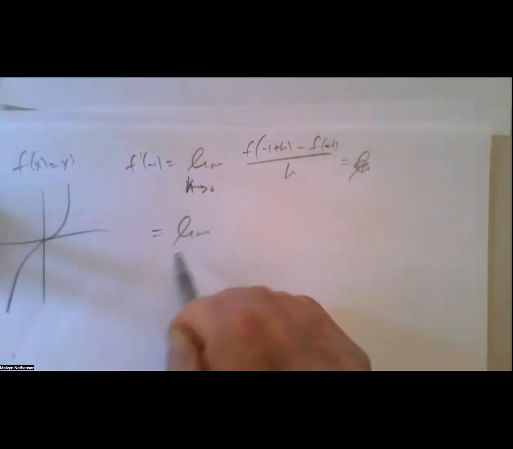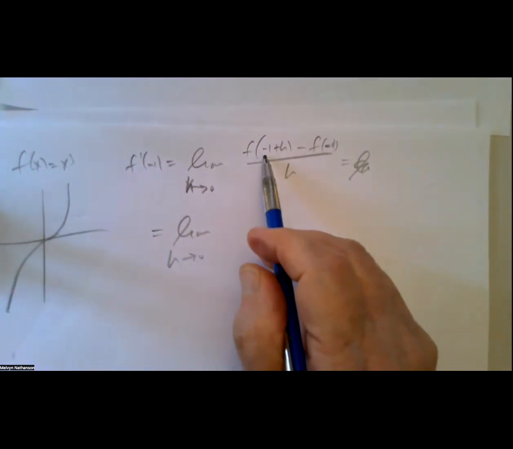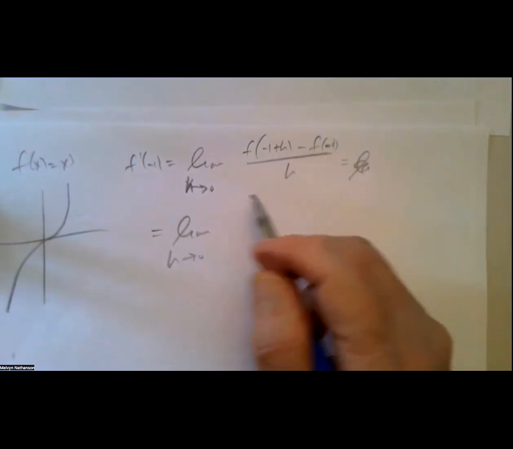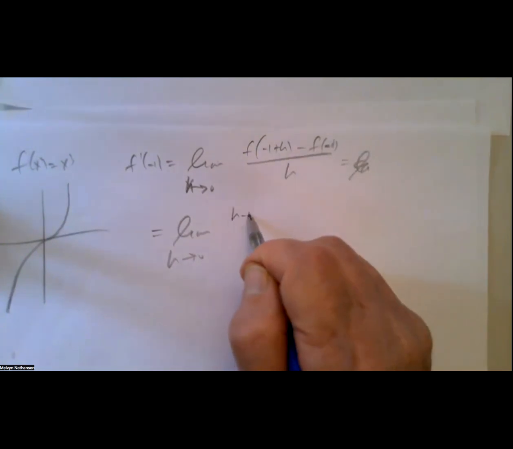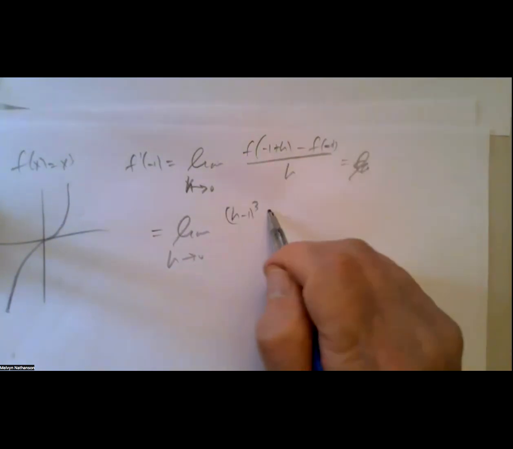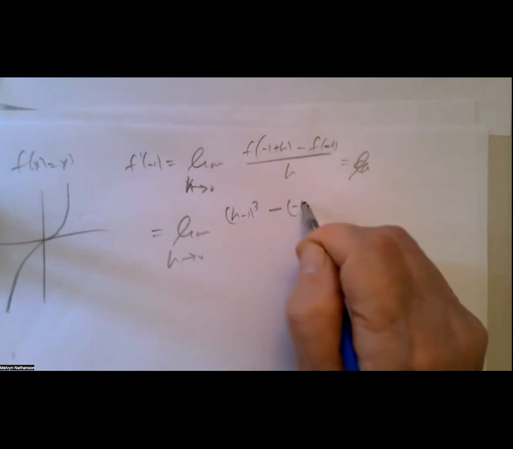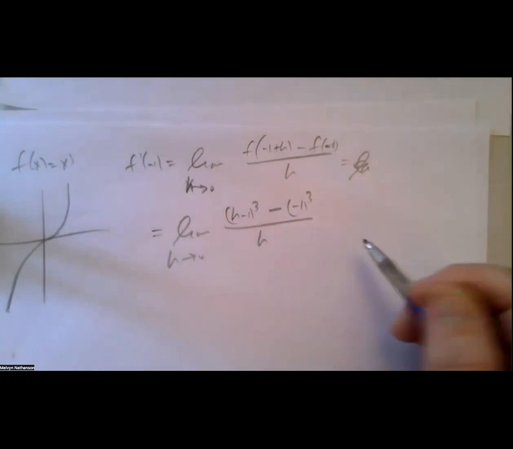which is the limit as h goes to 0, f of minus 1 plus h, or h minus 1, is h minus 1 cubed minus f of minus 1, which is minus 1 cubed, over h.